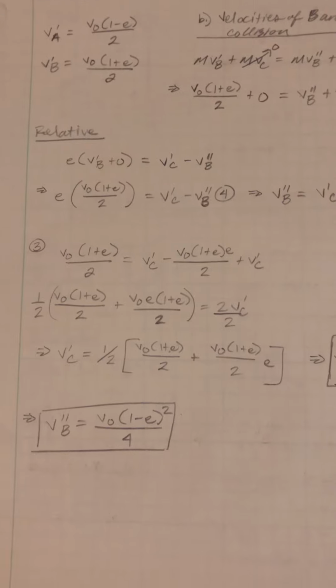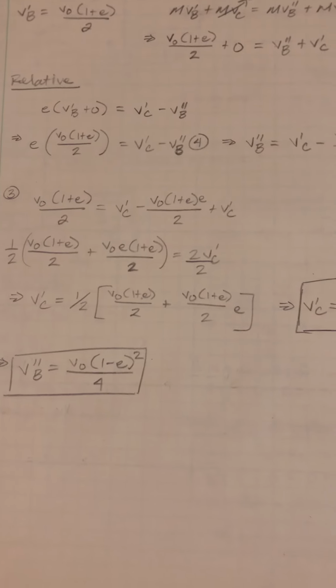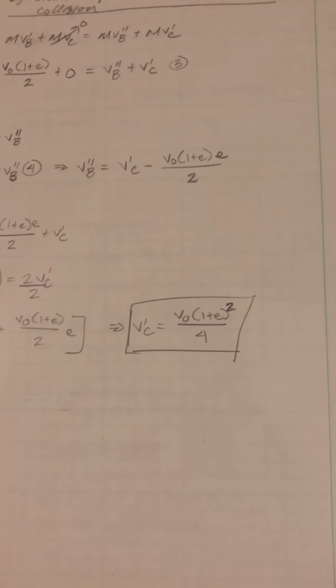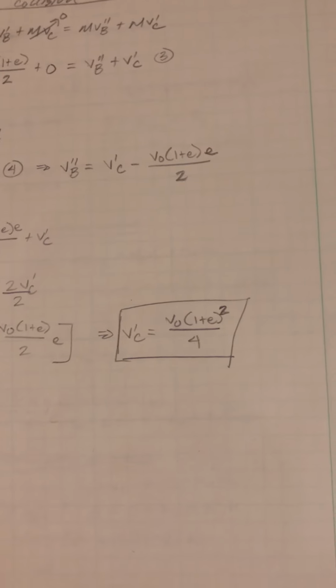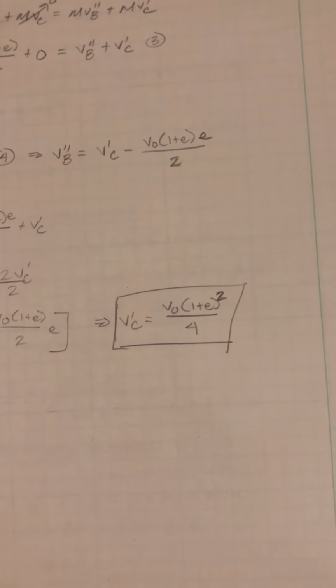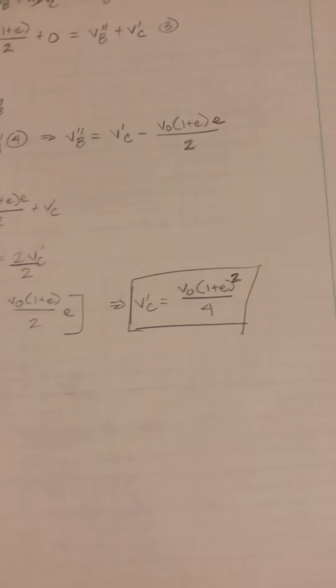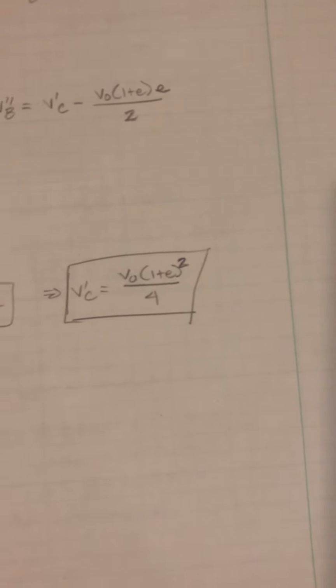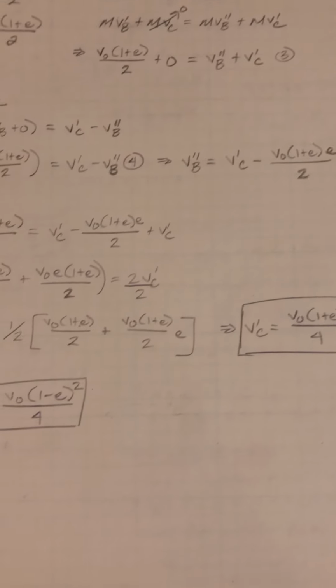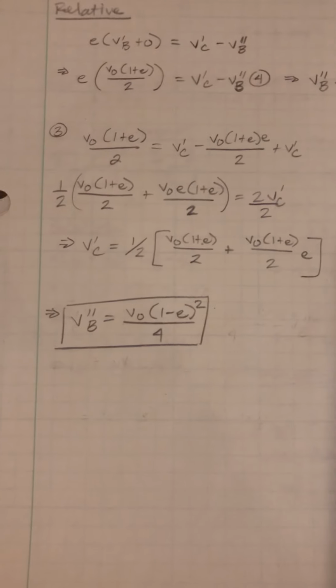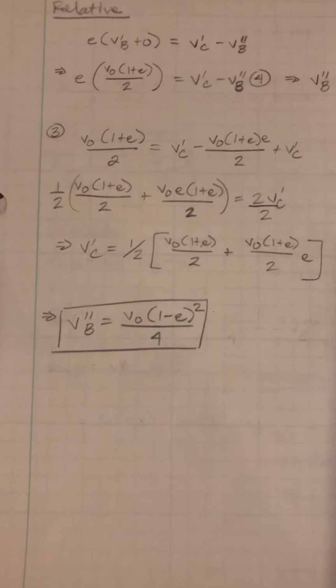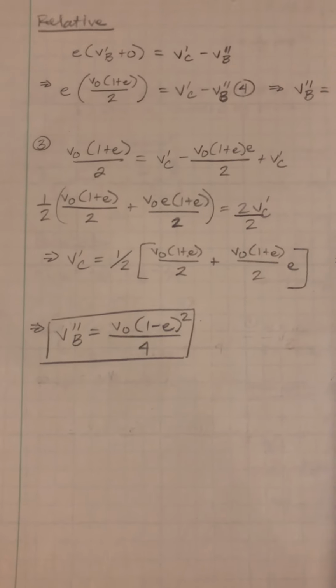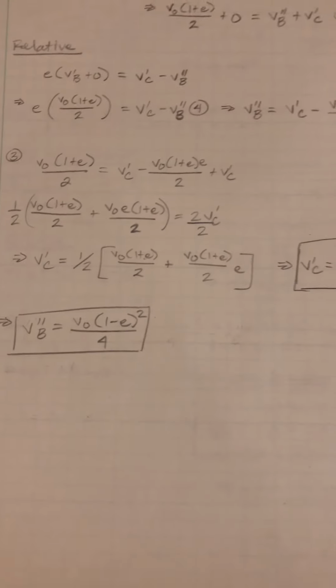So plugging that in and doing a little bit of algebra, we're able to find that VC prime is equal to V naught times 1 plus E squared over 4. And from there we can plug that in to our equation above, and we find that V double prime B is equal to V naught times 1 minus E squared over 4.